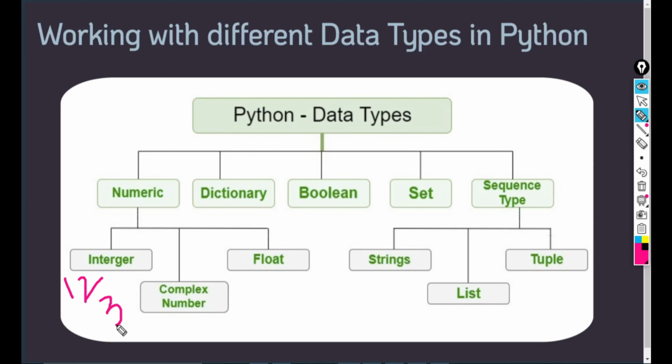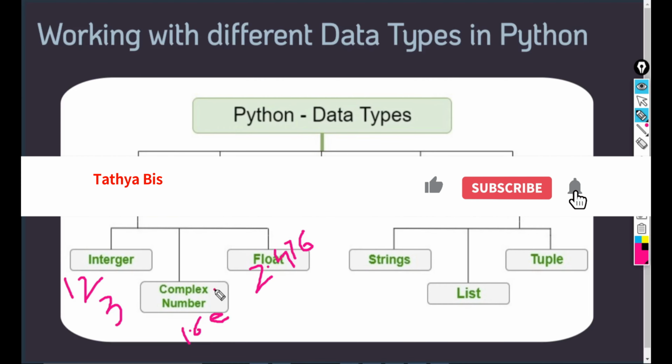By float, I mean it has a decimal part, like 2.476. So these are all float numbers. When I'm talking about complex numbers, I can talk about exponential numbers, like 1.6 e to the power of 70. All these numbers are termed complex numbers.